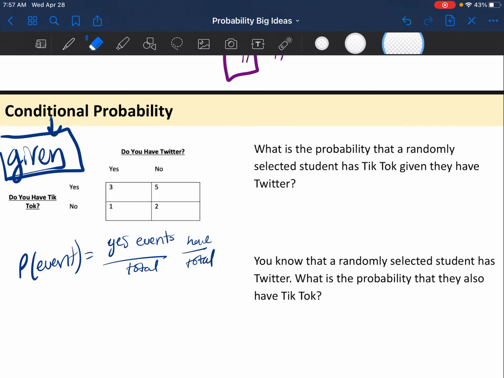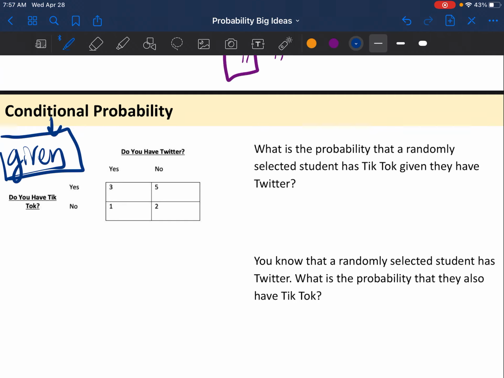And usually my total is here. Right, I have 8, 3 is 11. There are 4 yeses, 7 nos, and that equals 11. These are my totals. And usually, in a basic probability, I'm looking here.